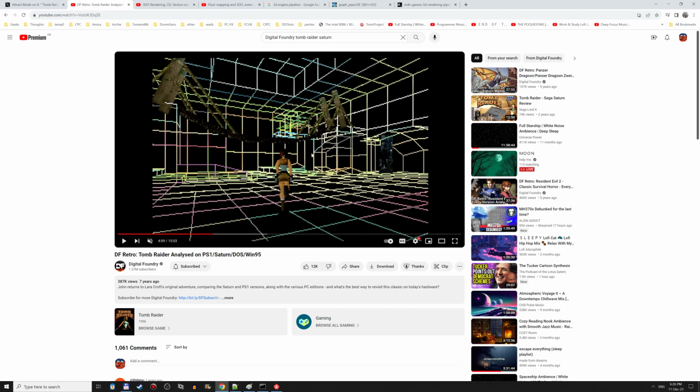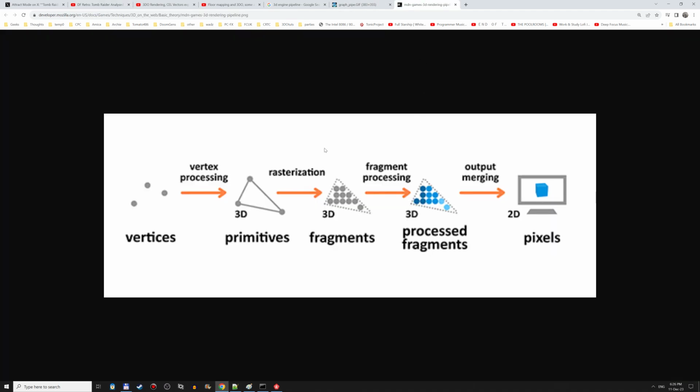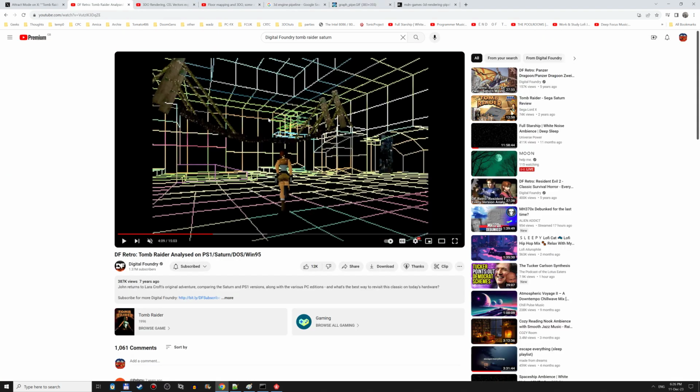Because you see in the original there is an actual 3D engine. 95% of the thing is no different than a typical rasterization pipeline, and it's all about how to map those final bitmaps, texture and position.